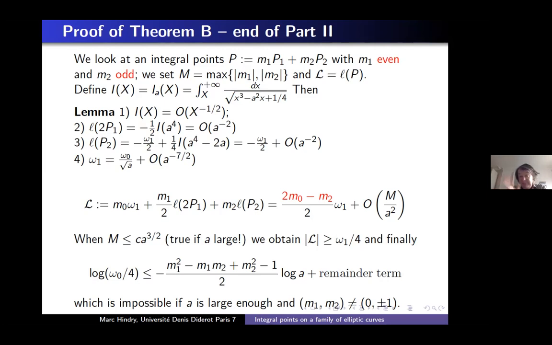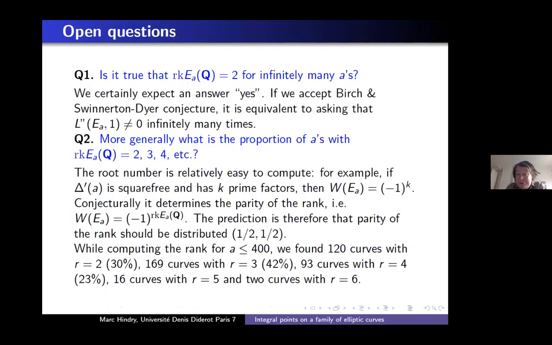I had just 2 questions. We do not know there are infinitely many values for which the rank is 2. All the known heuristics suggest that, for example using the Birch-Swinnerton-Dyer conjecture or this kind of thing.